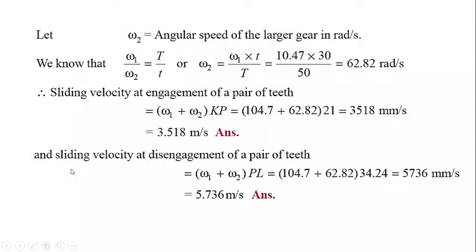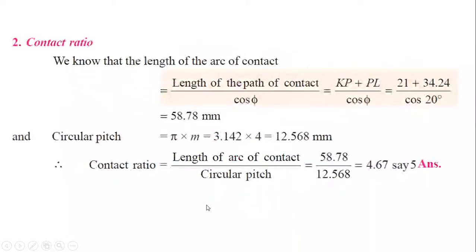Second, the sliding velocity at disengagement of the pair of teeth is omega 1 plus omega 2 into PL. Apply all these values and we will get the sliding velocity at the point of disengagement as 5.736 meters per second.